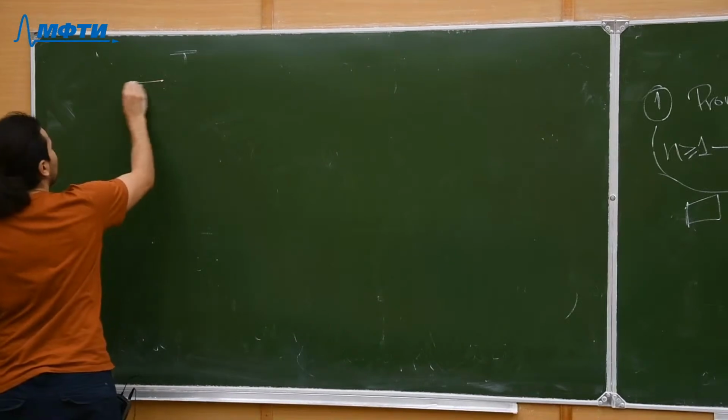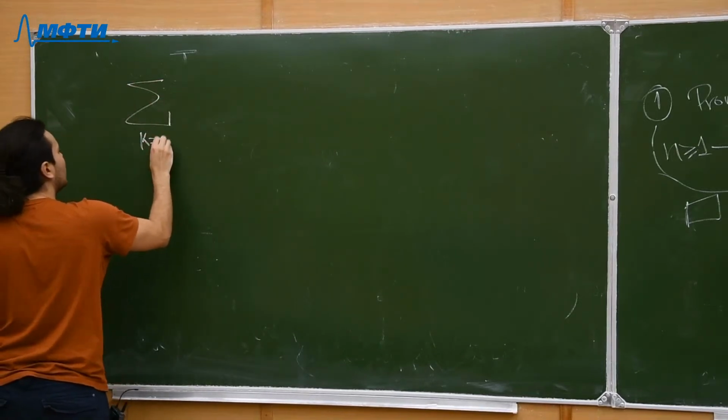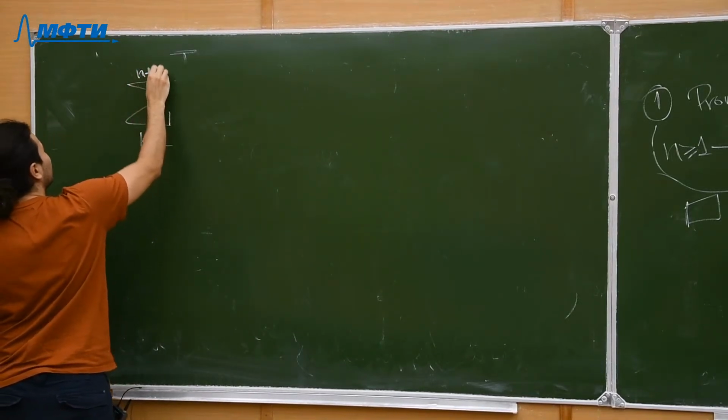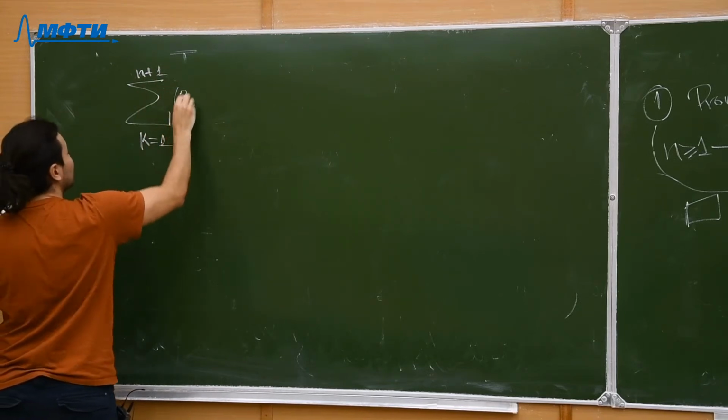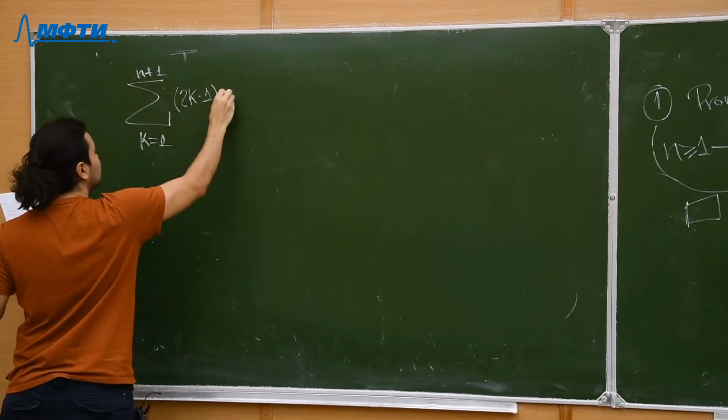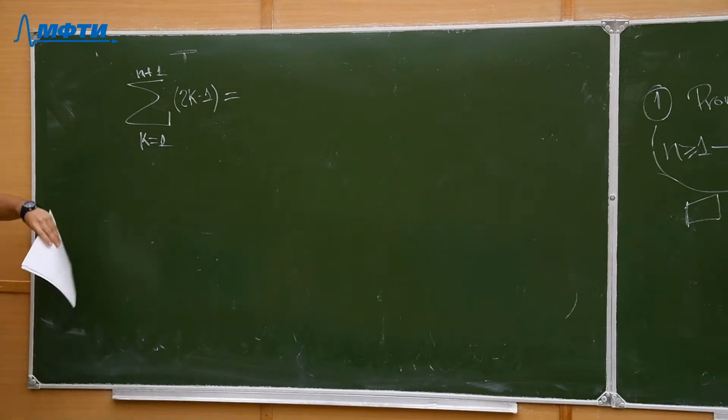So this is the sum from k equals 1 to n plus 1 of 2k minus 1. And now what?